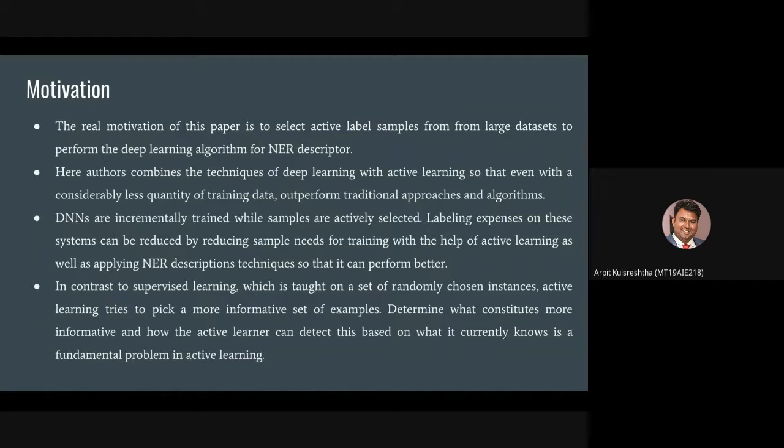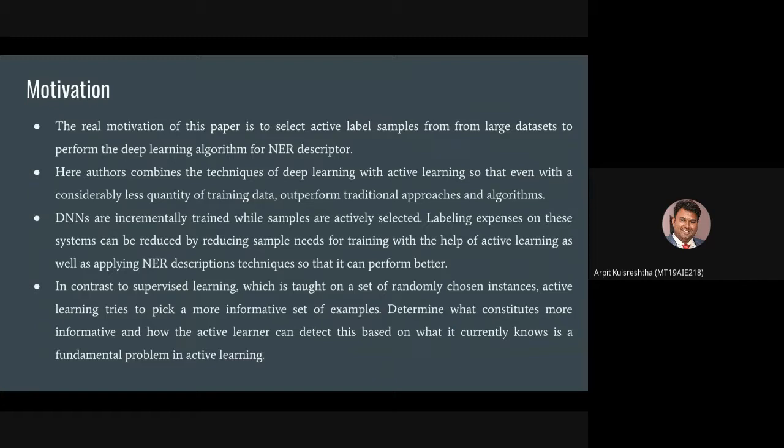Active learning approaches are discussed in this paper. With active learning, we first select some samples and label them, because labeling large data sets is too expensive in the case of NER, since the language has too many tokens and too many words. So labeling all of these would be costly.